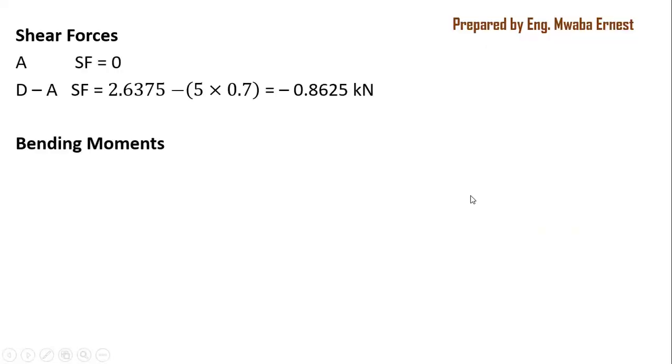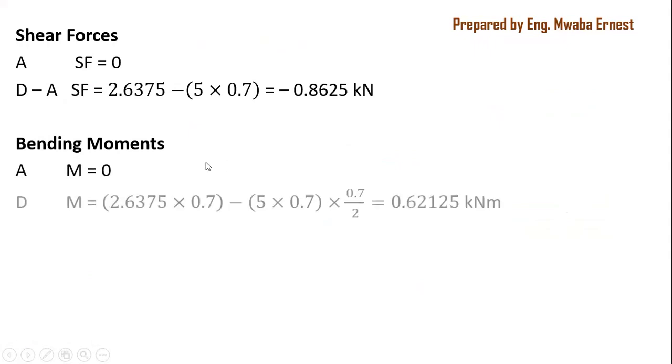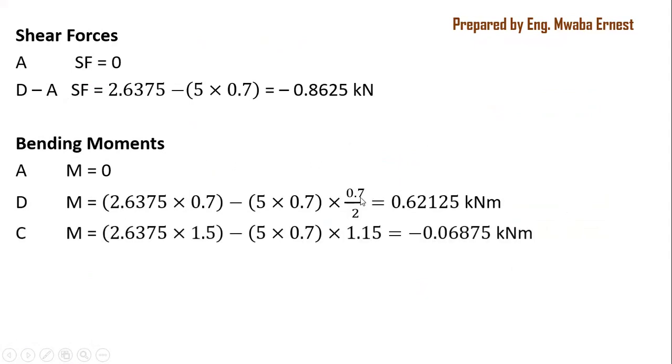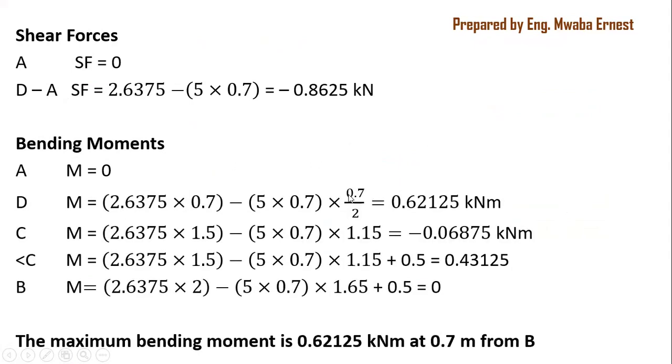So we're now on bending moments. Moment at A is 0. Then moment at B, I think this one shouldn't disappear.